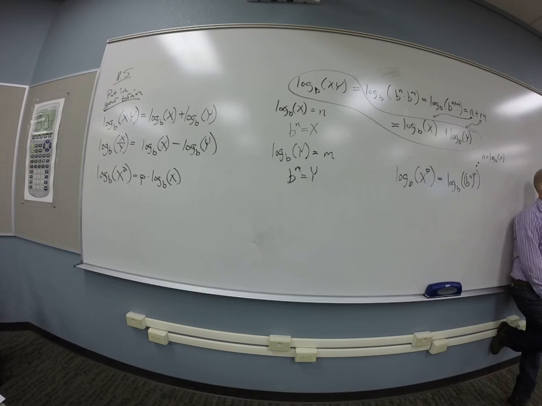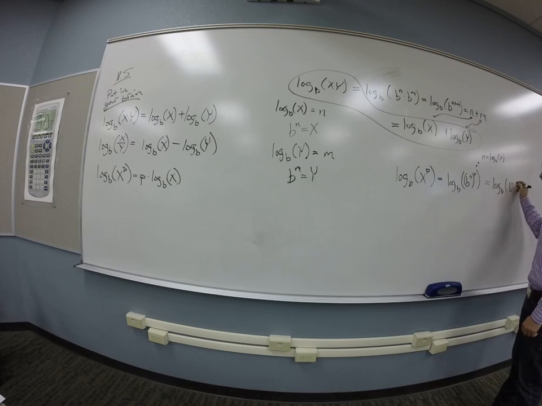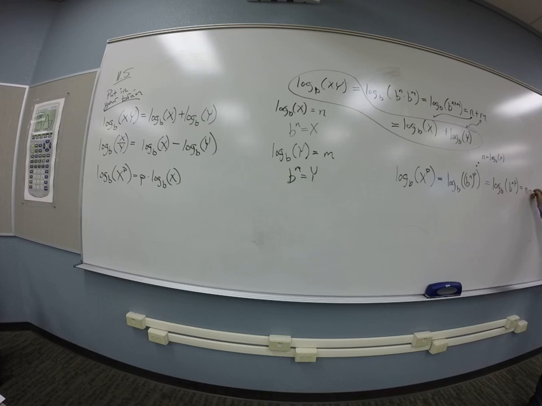Okay, now what do I do with the powers? Multiply them, right? So I get log base b of b to the n times p. What do I get out of that? N p. Right? N times p.